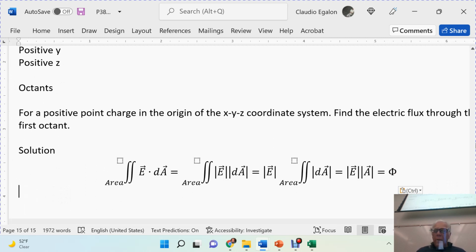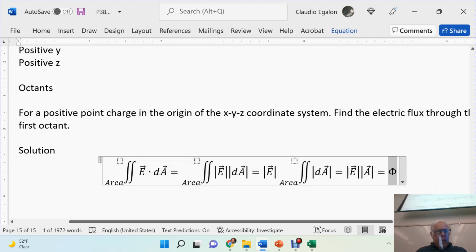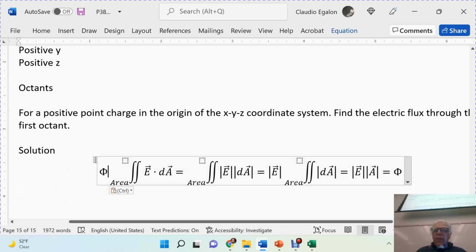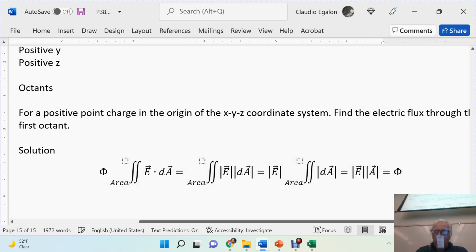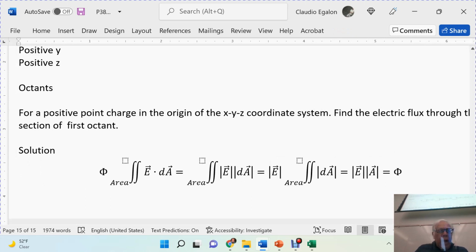Here you go. I'm gonna get this one because we have flux through the section of a spherical surface in the first octant only.